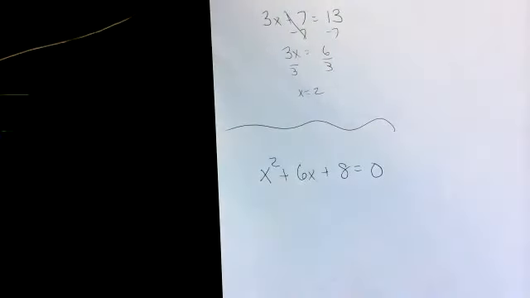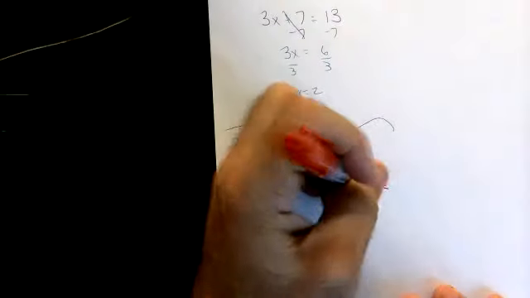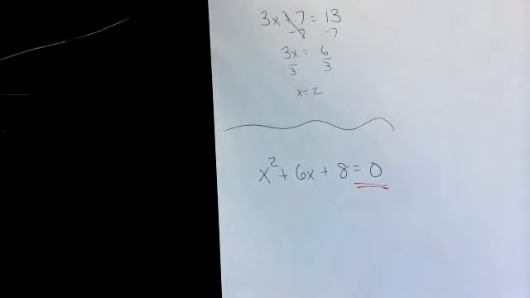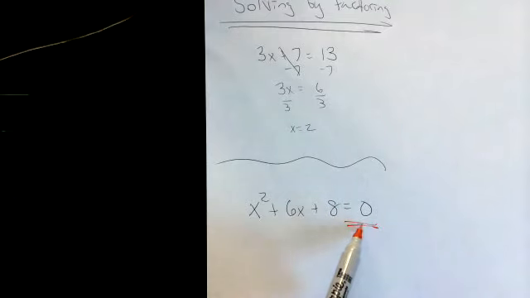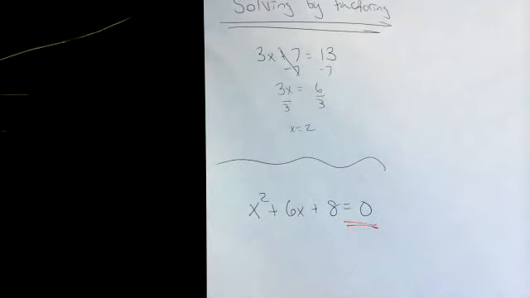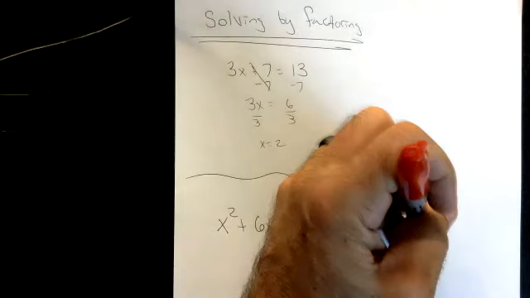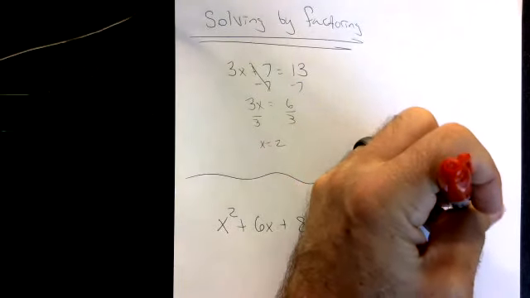The key to this, the thing that makes this work, is you have to set it equal to 0. Solving by factoring only works when it equals 0 because of this nifty thing called the zero product property.